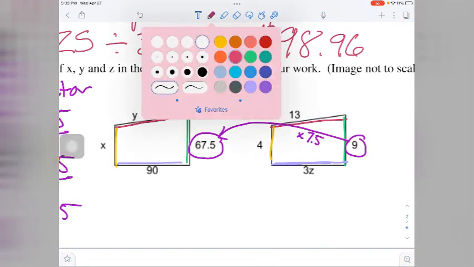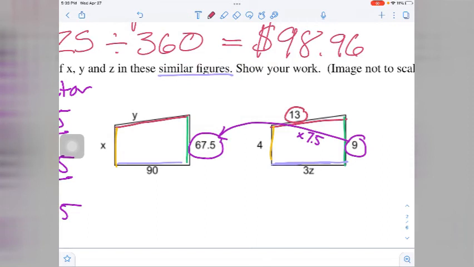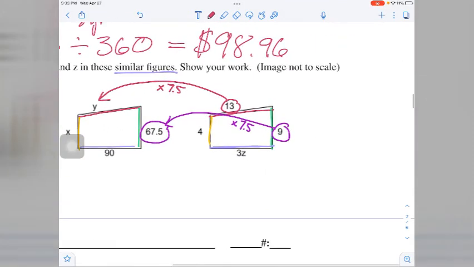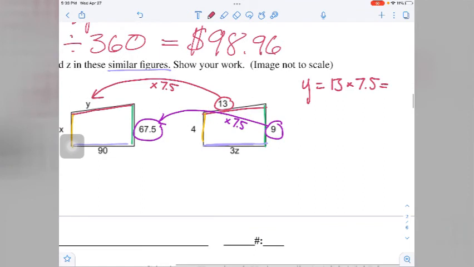Now I can use that information to figure out the rest of these. I know that 13 also has to get multiplied by 7.5. So y equals 13 times 7.5, which is 97.5.